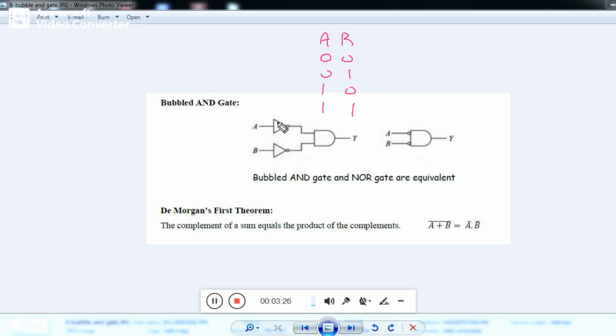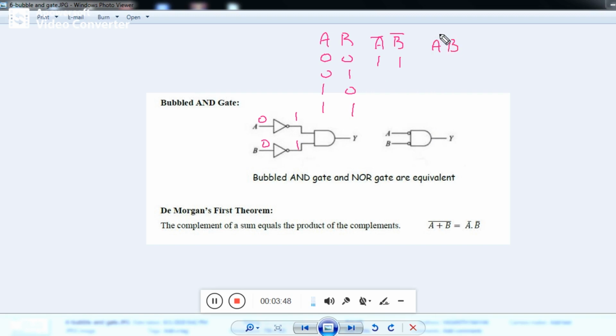So calculate. Suppose if I give here 0 0, it will become 1 1, right? That means A bar becomes 1 and B bar becomes 1. So this is the input for this AND gate. What is the final output of this AND gate?